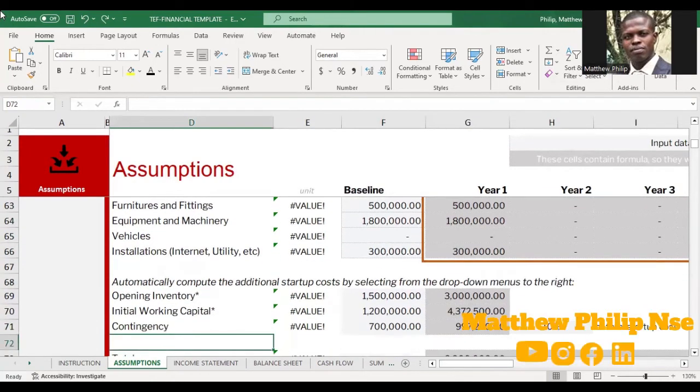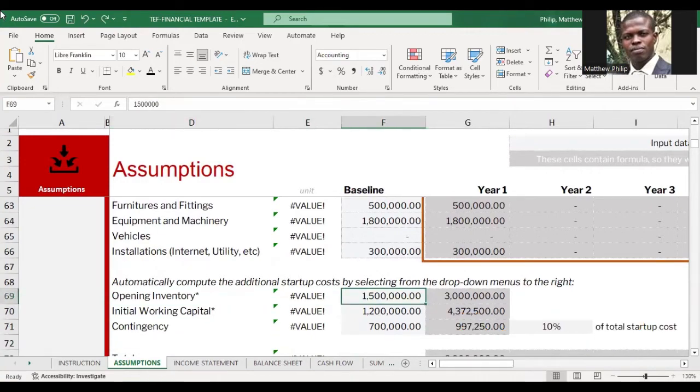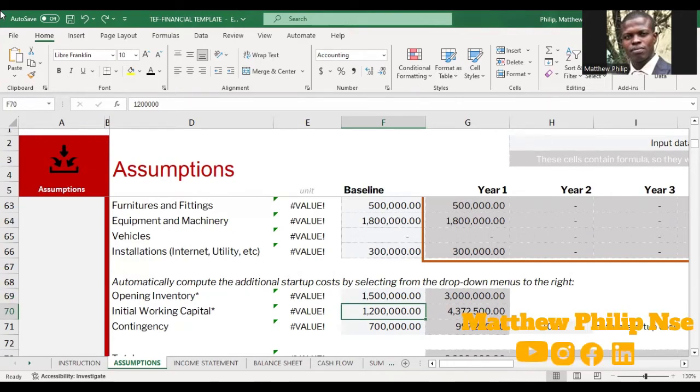The next is now opening inventory. This entrepreneur is allocating 1.5 million for opening inventory, then also 1.2 million for initial working capital, and 700,000 naira for contingency. From experience with so many mentees, the mistake a lot of entrepreneurs make is that they always apportion over 90% of the grant on rent and capital equipment, whereby they neglect one of the important factors in business, which is working capital.